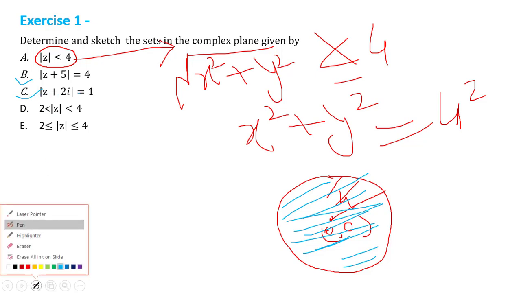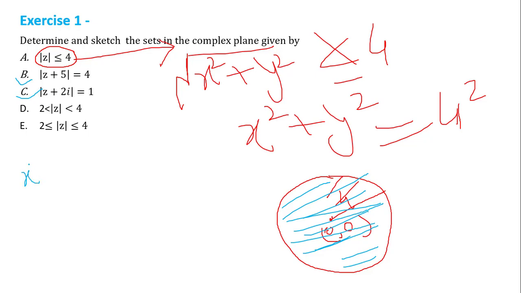Question C, mod of z plus 2i equal to 1. Let me do it step by step.